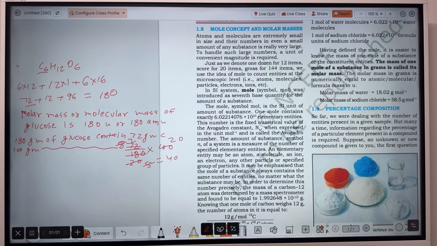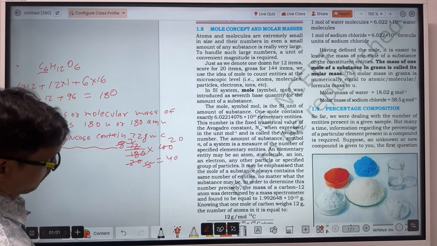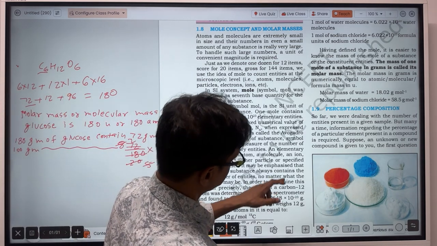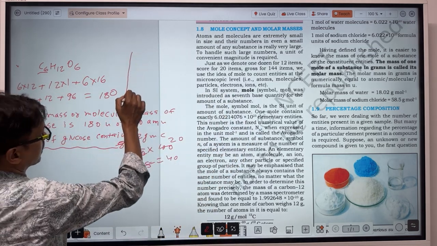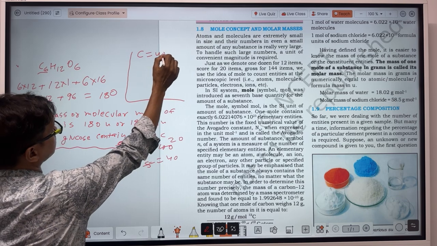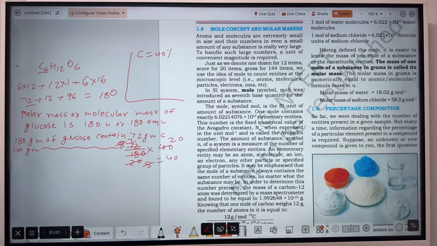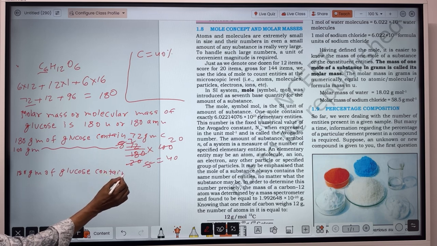Now let's see about hydrogen. So that was about carbon. In glucose, carbon is 40%. And hydrogen, how much? 180 gram of glucose contains how much?